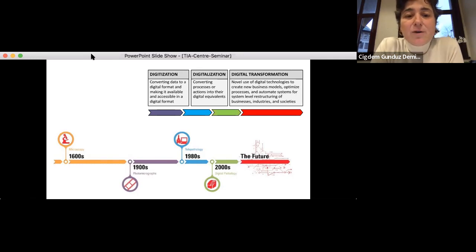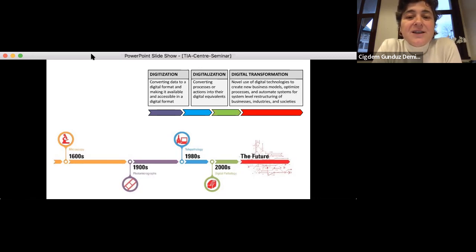Digitization can be considered as converting glass slides into a digital format, whereas digitalization is about converting processes related to pathology practice into their digital equivalents. For example, you may consider telepathology systems, or the use of computers for pathology education, but this does not always mean digital transformation.